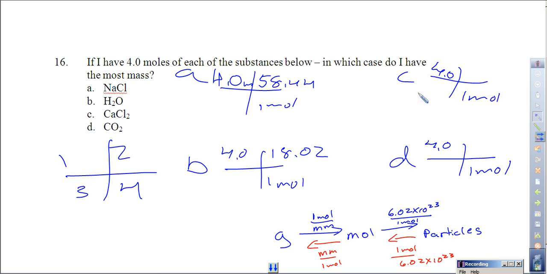That's 40.01 plus 35.45 times 2. So that's 70.9 plus 40, let's see, 110.9? Is that right? Okay, 110.98. There we go. And then D is going to be what? CO2?